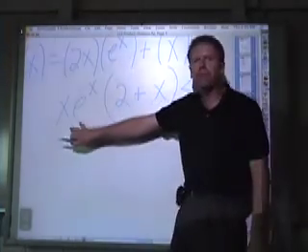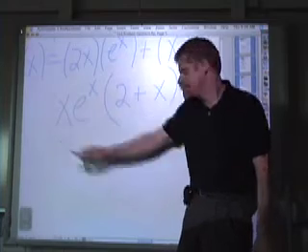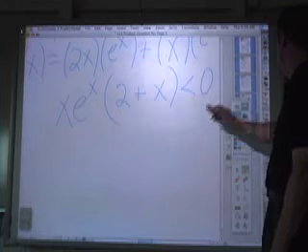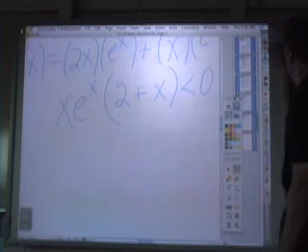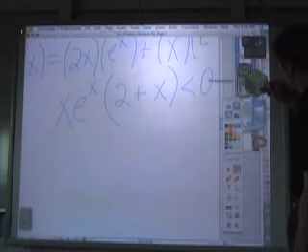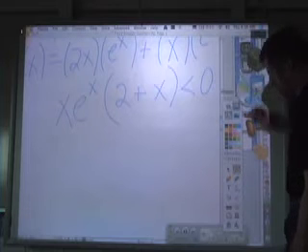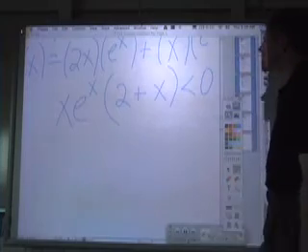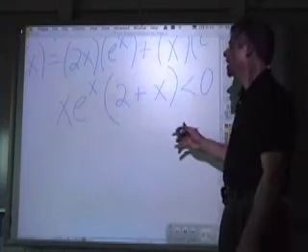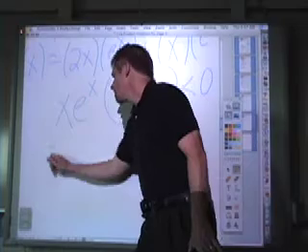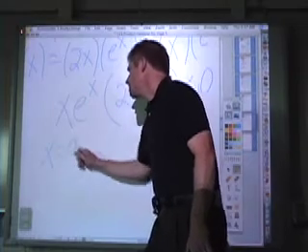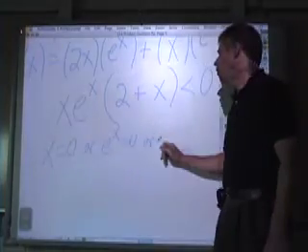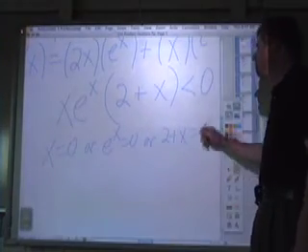And using the zero product property, the boundary points can be found by setting x equal to 0, or e to the x equal to 0, or 2 plus x equal to 0.